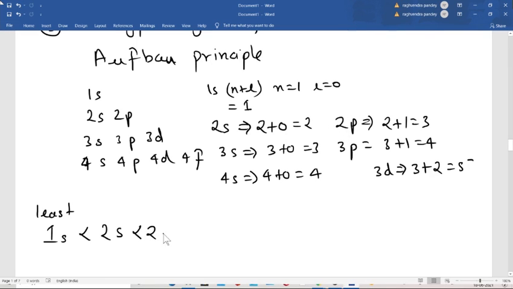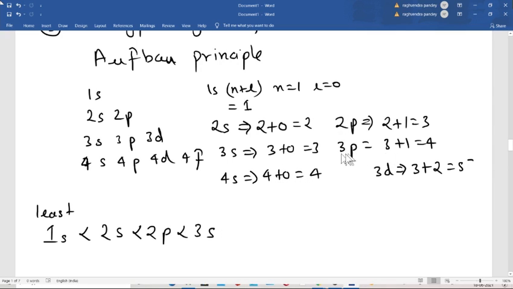So we will write 2p, then 3s. N value means principal quantum number, or the shell value.